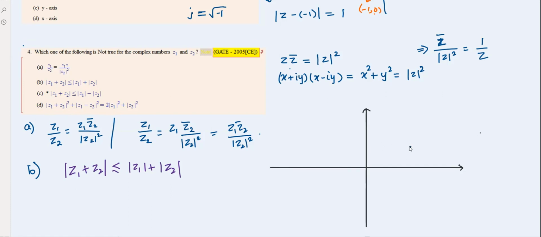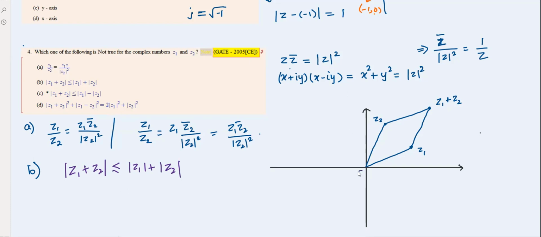So let's say this is z1, and let's say this is z2. Now, complex addition follows the vector law of addition. So this one will be z1 plus z2, this point. Now let us look at this carefully.